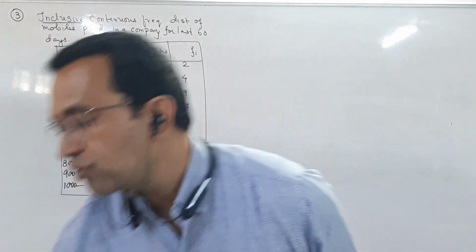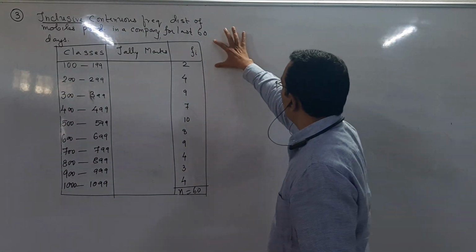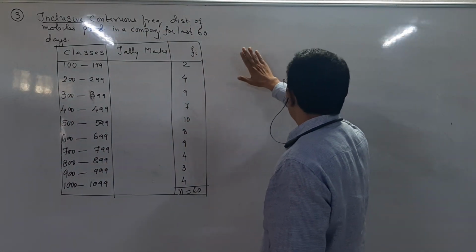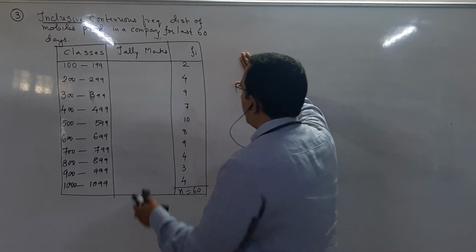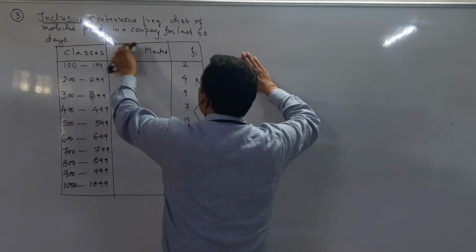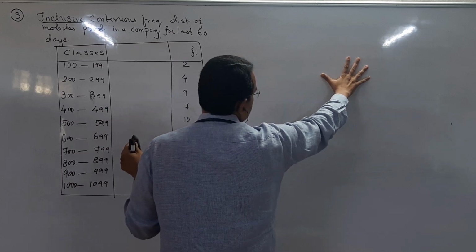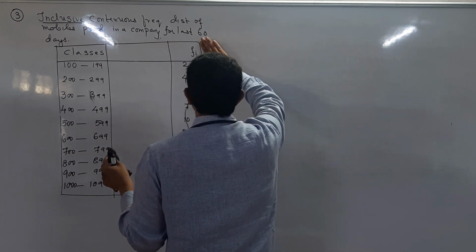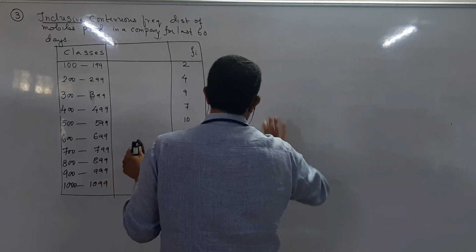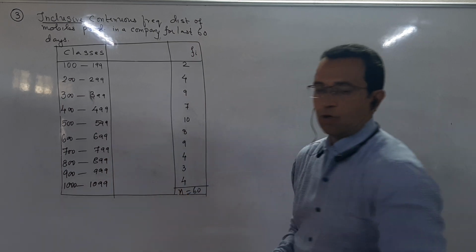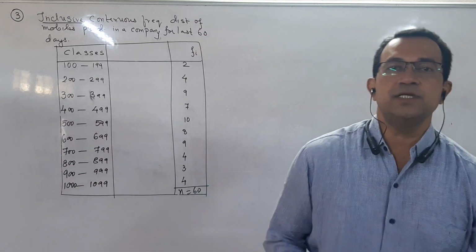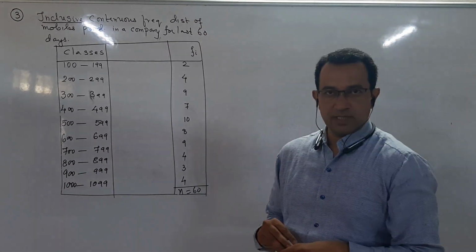So what you have to do, you have to make one more column here. I am not making a column here. Instead of that, I am directly using tally marks as my length is short. In your table, you have to extend this table and make one more column as the fourth column, and that column is of boundary points. Understood?